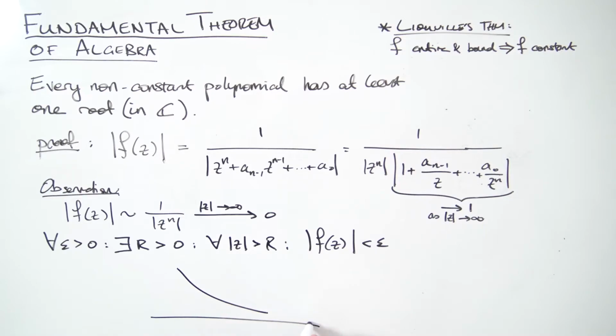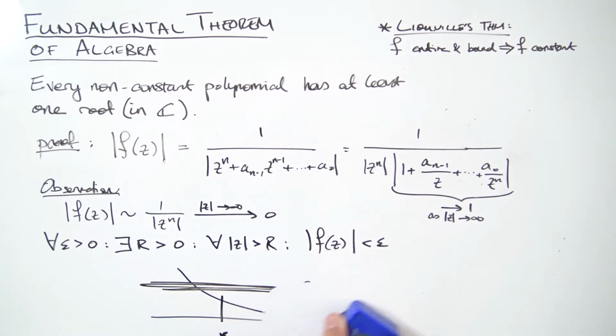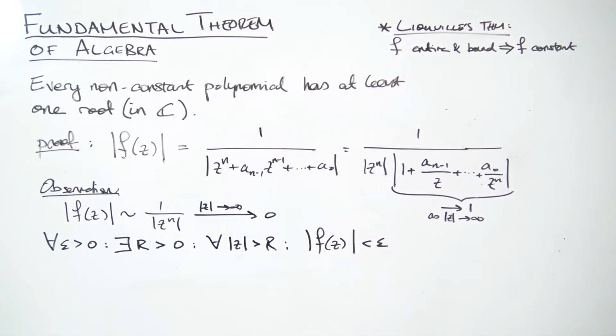If your function f of z approaches 0 as the magnitude of z increases, then for whatever threshold epsilon you pick, there must be an r such that your function is bounded above by this epsilon. Epsilon in this case could really be anything, it doesn't have to be small. We're just trying to show that the tail end of our function f of z is bounded above by this epsilon. So that was, I guess, the tricky bit.